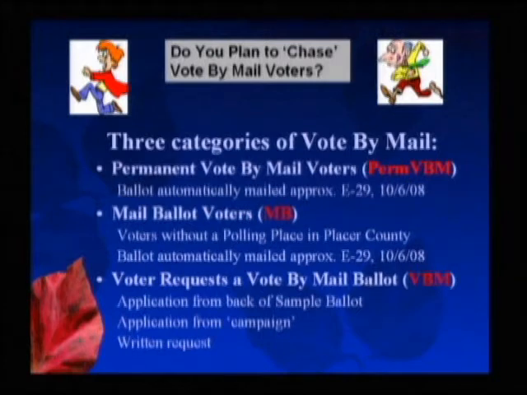So they automatically get a vote by mail ballot. The third category is those people who are not in the first two categories, and when they get their sample ballot, on the back of their sample ballot is an application for a ballot by mail, and they send those in.